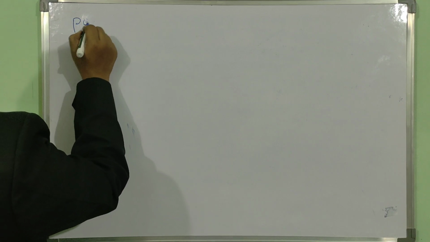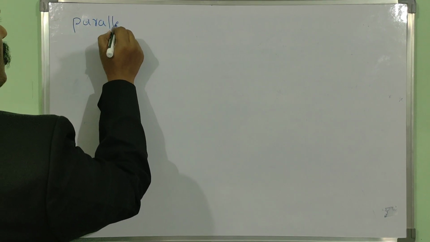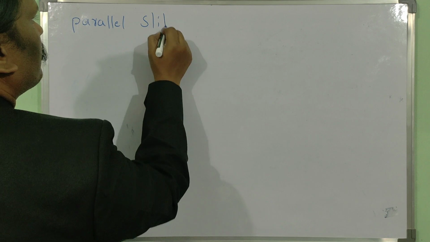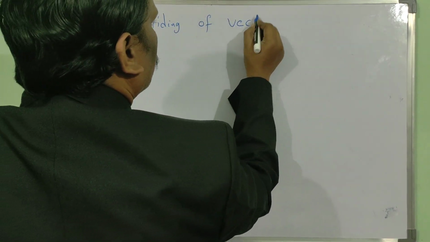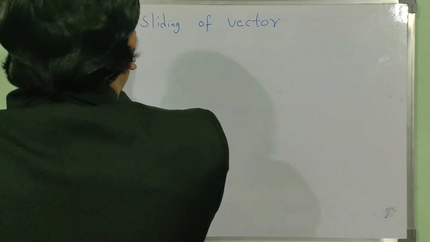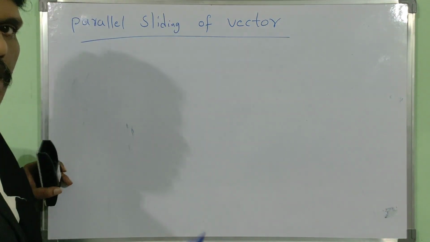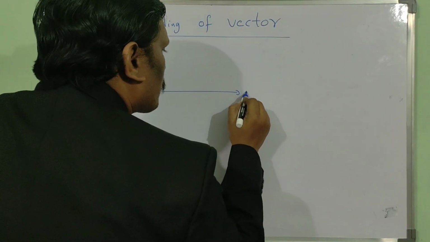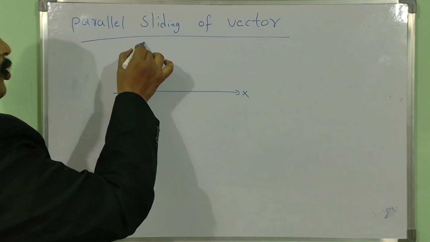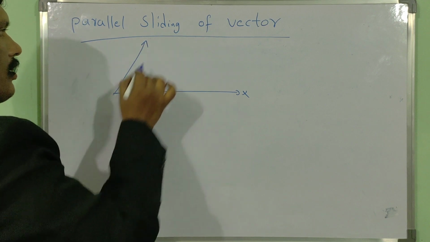Next one, parallel sliding of a vector. Suppose I consider this as the x-axis or horizontal line, and I imagine a vector here, a bar.